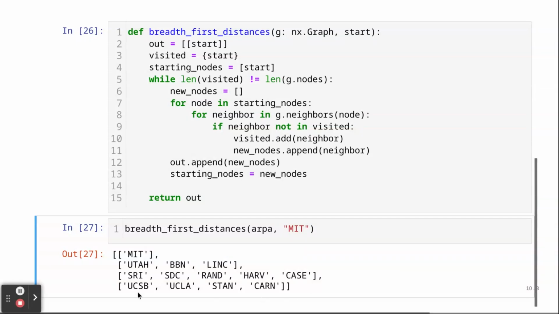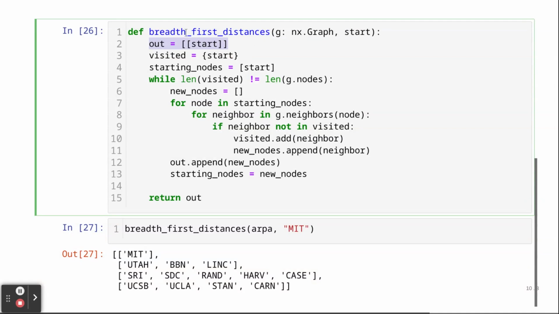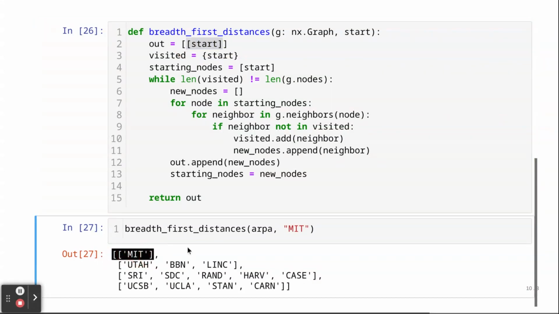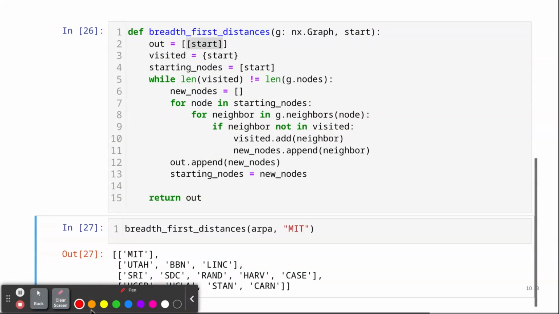So let's think back through what this algorithm actually did. We'll start at the very beginning. We first initialized out as being a list where the only element is a list containing MIT. So up until this point, we have just the MIT right here. So this line of code gave us this part of the output.